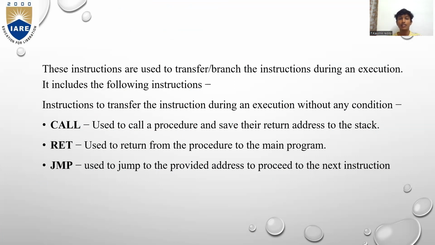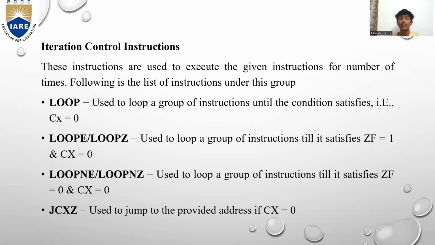So these are the instructions used to transfer or branch the instructions during execution, like CALL, RET, JMP, and these are the iteration control instructions: LOOP, LOOPE or LOOPZ, LOOPNE or LOOPNZ, and JCXZ. LOOP is used to loop a group of instructions until the condition is satisfied, that is CX is equal to 0.